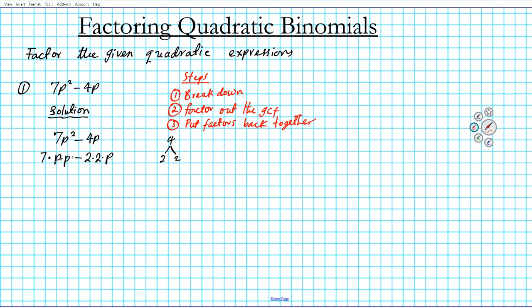So let's see. On the left side, there's a 7. There's no 7 here, so that's not common. We have a p here and a p here, so 1p is common on both sides, and that's basically it. So what we're going to do is we're going to factor out that p, okay? Factoring out that p is equivalent to dividing both sides by that factor that we pulled out.